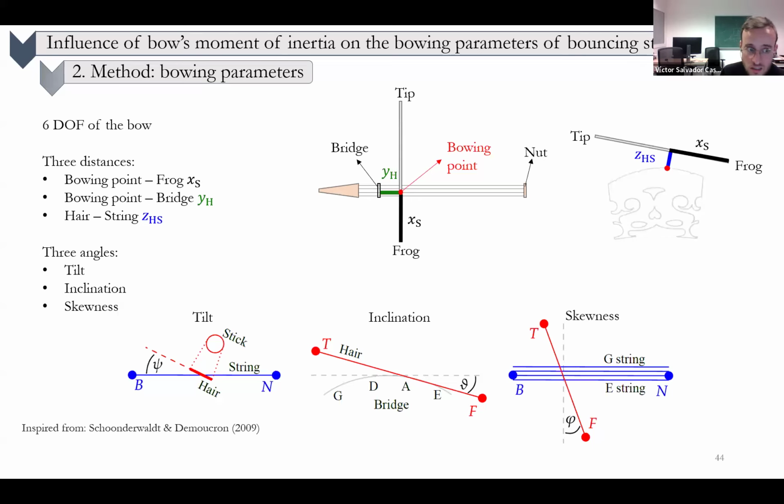So there are three distances: the distance from the bowing point to the frog, here represented in black; the distance between the bowing point and the bridge; and also the distance between the hair and the string, which in a normal bowing situation is close to 0, but when we are using bouncing strokes, we have a positive distance between the hair and the string.